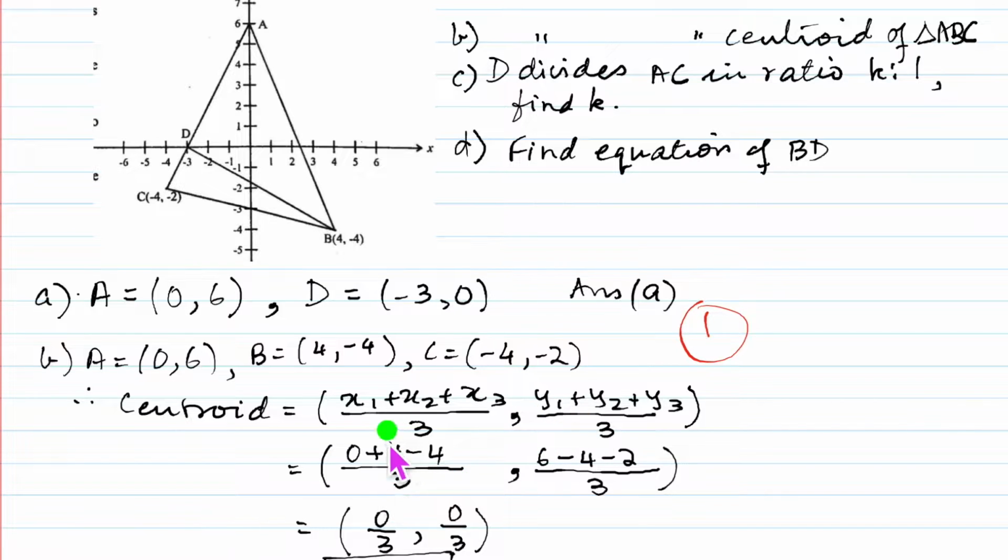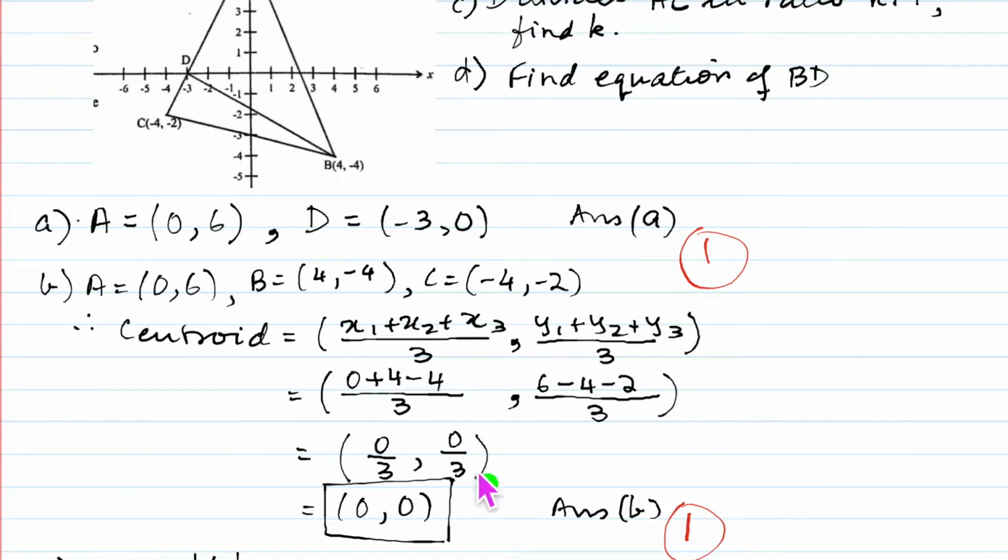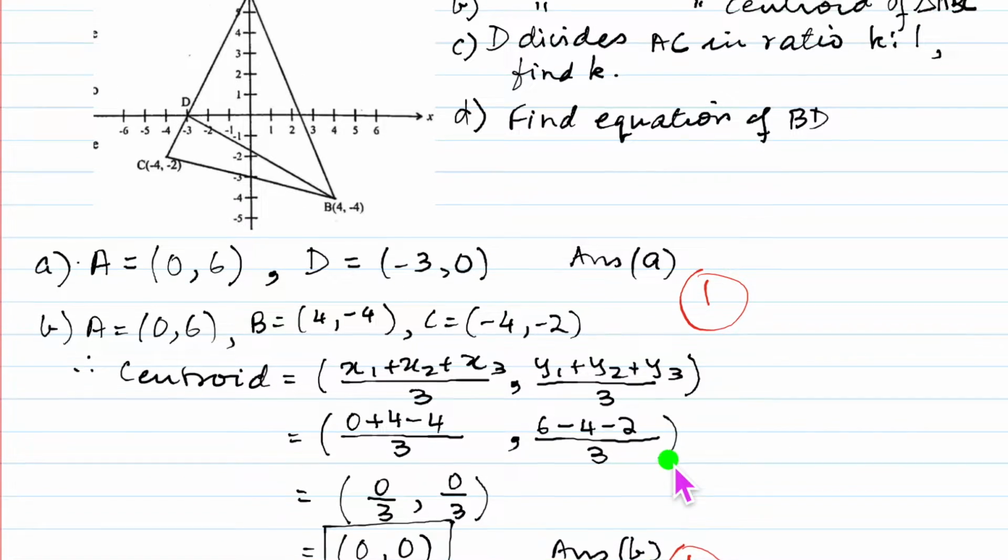We substitute the values of x1, x2, x3, y1, y2, y3, and we write like so, and then we will have 0 plus 4 and -4 will give us 0 upon 3. Here 6 and this -6 upon 3 gives us 0 upon 3. So (0, 0) is the centroid, and that will be our 1 mark.